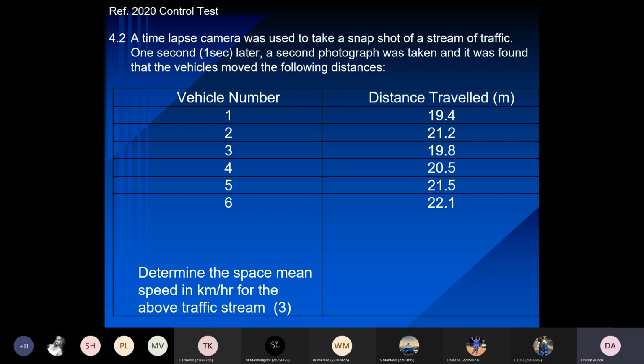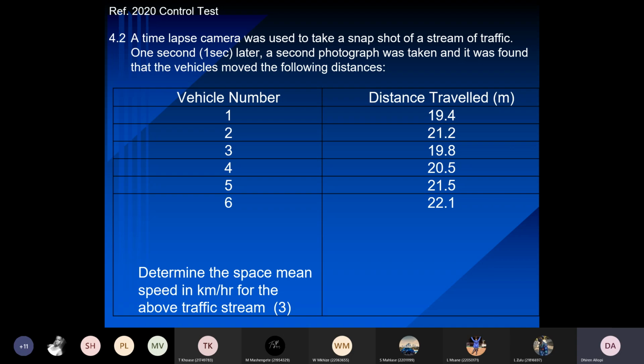You will have the recording of this presentation. So for your tutorial period, you can work out this one simple question where you're given a time-lapse camera that was used to take a snapshot of a stream of traffic 1 second later. So your delta T is 1 second. The second photograph was taken and it was found that the vehicles moved that distance.